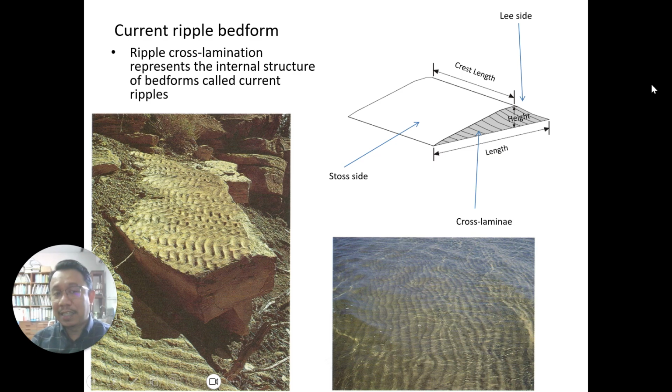In cross section, what you see in the ripples is the cross lamination, and the cross lamination is always dipping down current, so it tells you the direction of your flow. So here we have ripples, and internally you can get ripple cross lamination. You can describe the length of the ripple, the crest, the stoss, the lee, and the presence of cross lamination inside them.